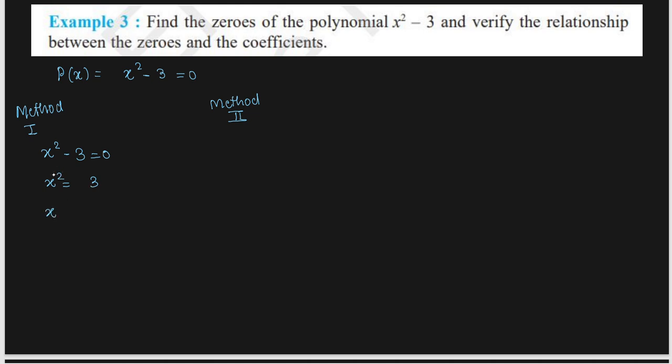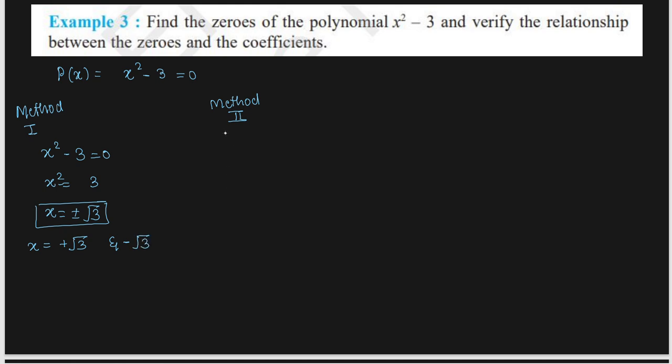Then if I remove my square from the left hand side, it will turn out to be plus minus on the right hand side. So x is nothing but plus minus root 3. What are the two different roots? It is positive root 3 and negative root 3.